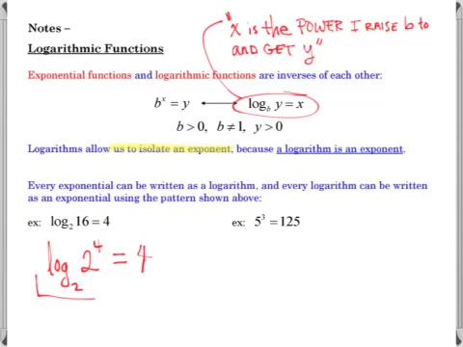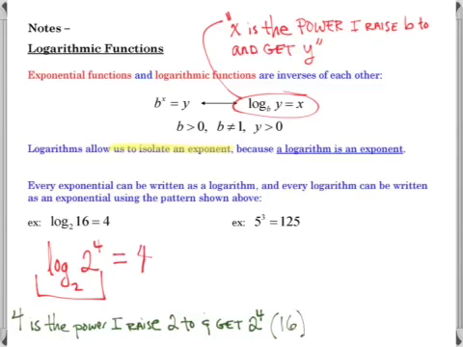If I look at the next one, so if I was to write out the sentence, 4 is the power I raise 2 to, and get 2 to the 4th power. Log base 5 of 5 to the 3rd is log base 5 of 125, which equals 3. We're going to start looking at something called a power law, where I can bring that exponent down in front.